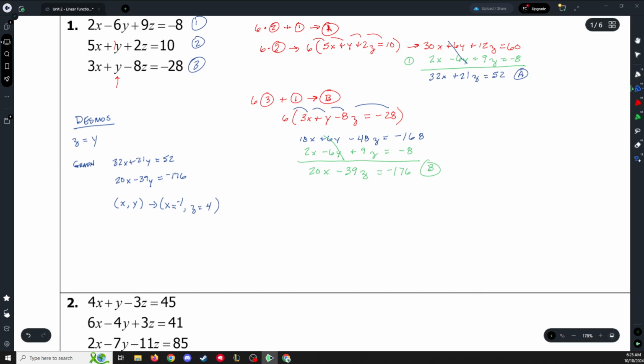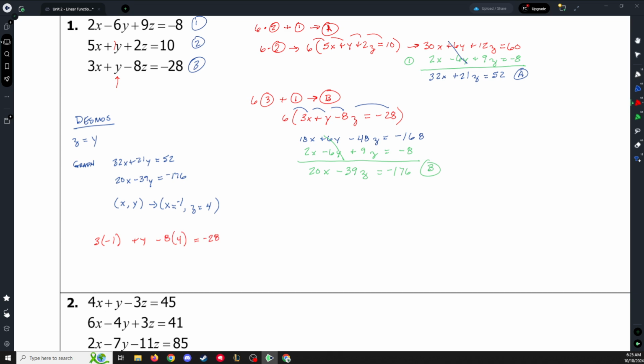I'm going to plug that into one of these three original equations to find y. I'm going to choose the bottom equation, just because I'm throwing one out. I just had to choose one. So this gives me 3 times negative 1 plus y minus 8 times 4 equals negative 28.